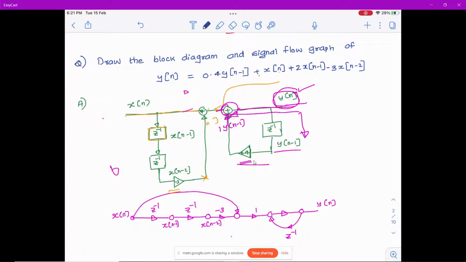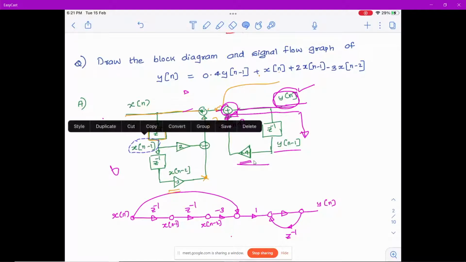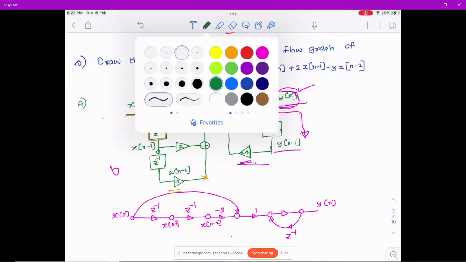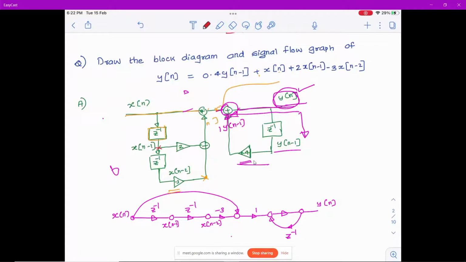That means if I do something like this, 2 is here, plus is here. So this x of n minus 1 at this point is multiplied by 2. So whatever is coming here is 2 into x of n minus 1.